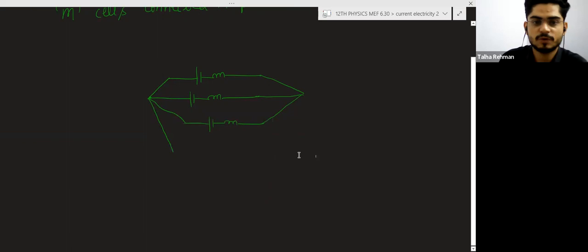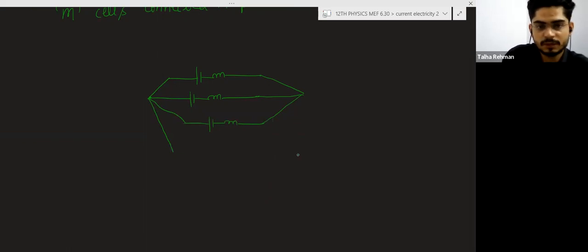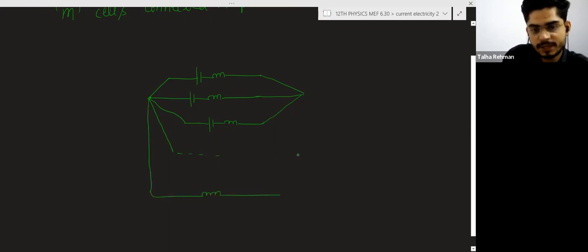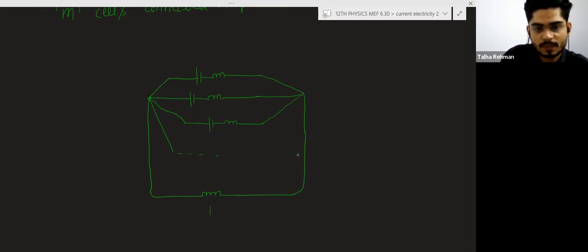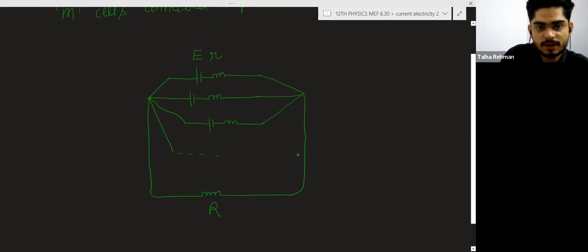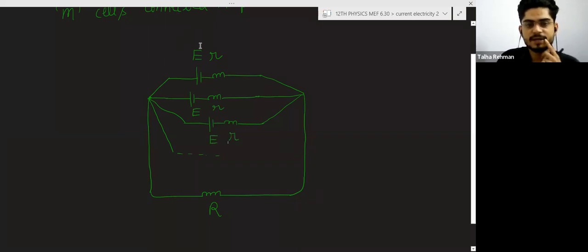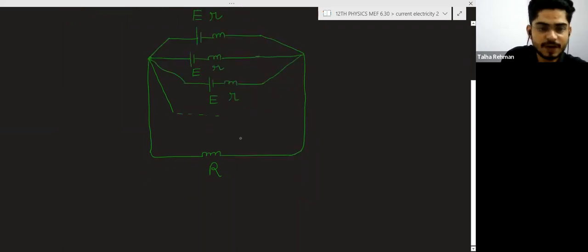And all these cells are connected with an external resistance R, and this is E, r, the EMF. Here identical cells are connected in parallel.